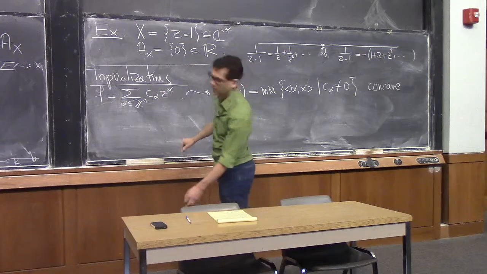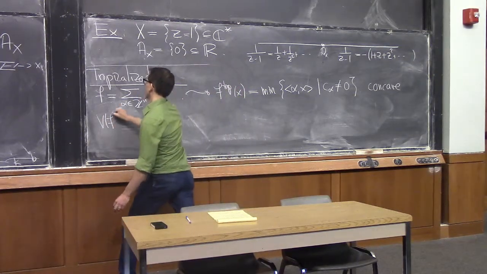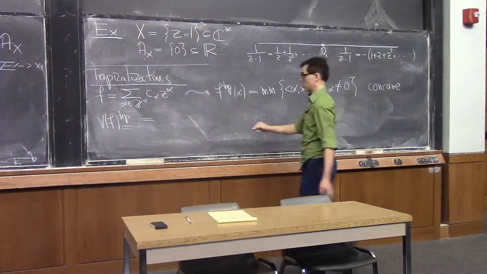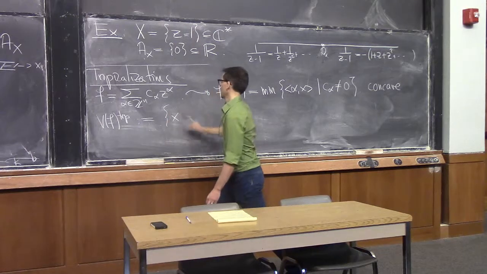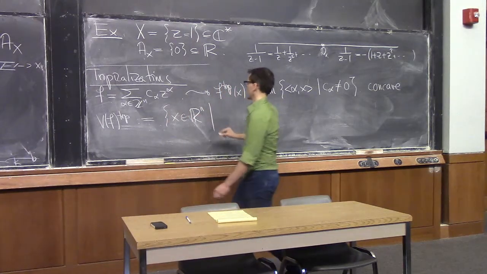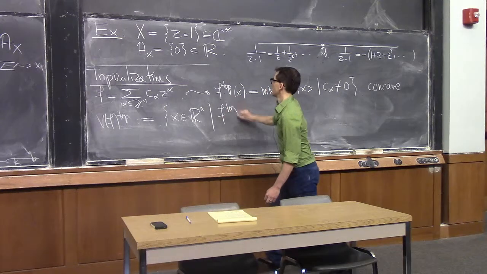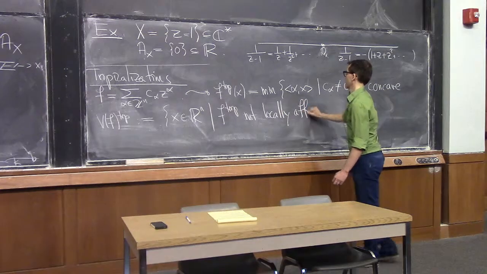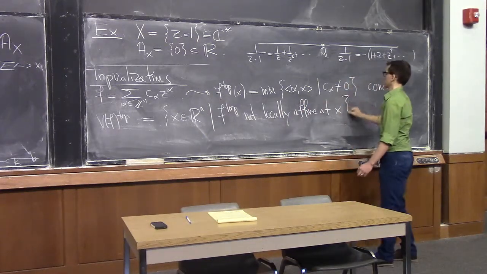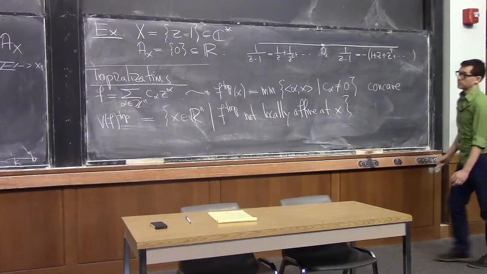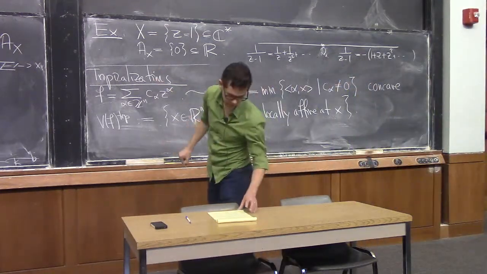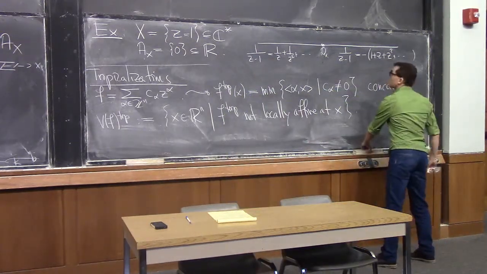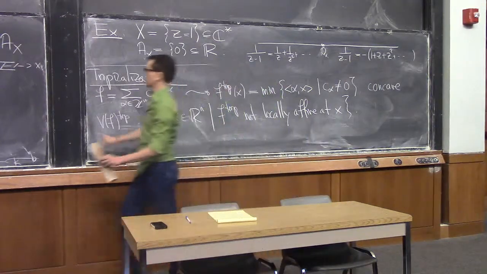And then V of f trop would be the zero locus of this guy, except that it's not really the zero locus, but it's the set of x in R^n such that f trop is not locally affine. So if I do that example here, here's the same example.